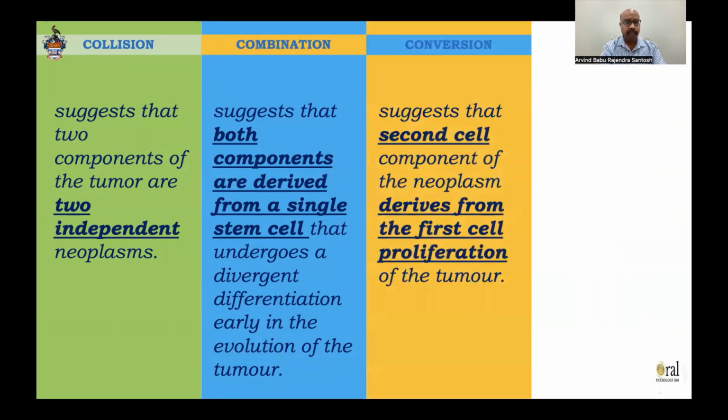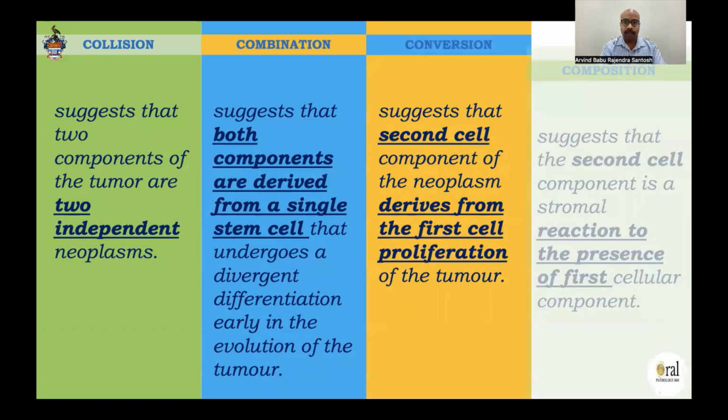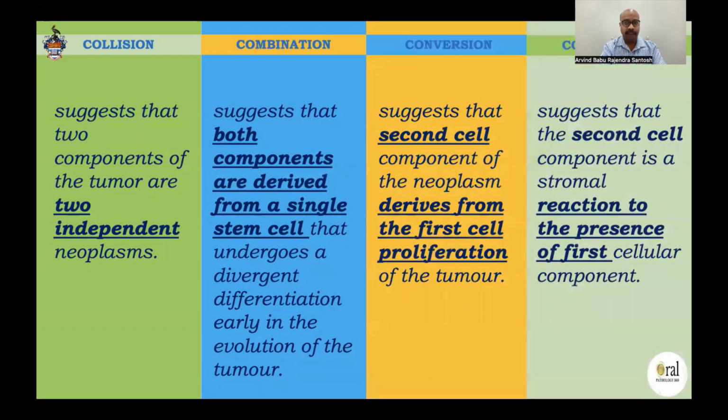The conversion theory suggests that the second cell component of the neoplasm derives from the first cell proliferation of the tumor. And the composition theory suggests that the second cell component is a stromal reaction to the presence of the first cellular component. This stromal reaction can be either neoplastic or non-neoplastic.